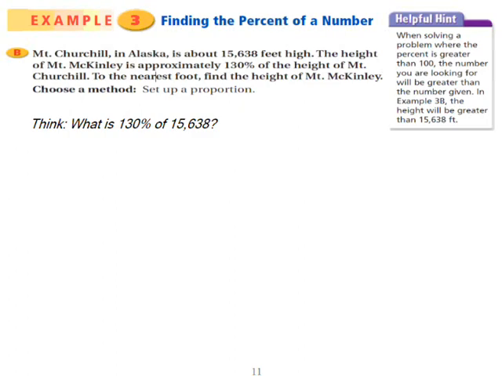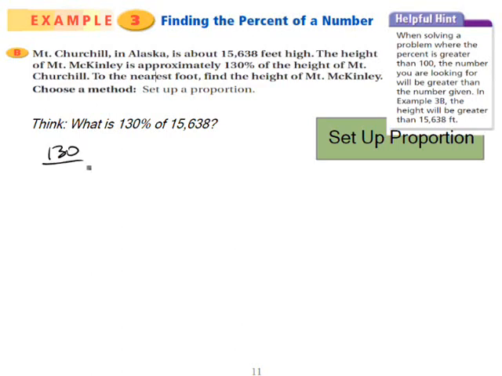So you're trying to figure out what is 130% of 15,638. And there's a helpful hint there up in the right corner of your screen which says that if you're trying to find more than 100% of a number, your answer is going to be bigger than the number you started with. Just keep that in mind to make sure that you do the math right.